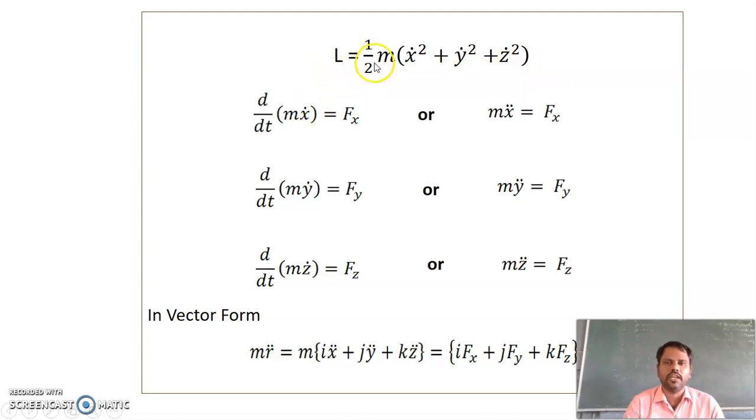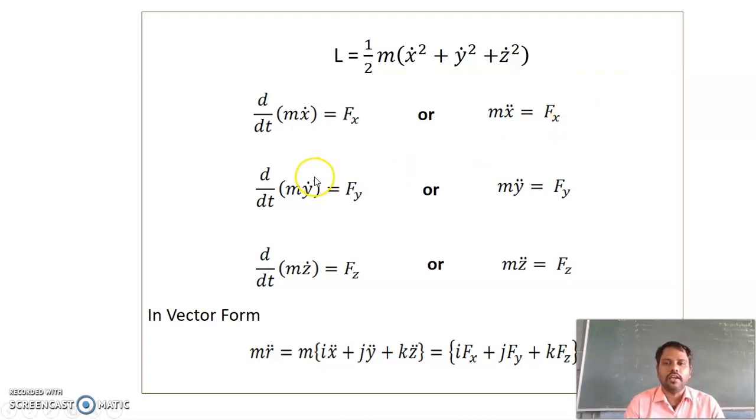On differentiating, I get m x dot, and dou L by dou x is equal to 0. So substituting, d by dt of m x dot is equal to Fx. Differentiating m x dot, we arrive at m x double dot is equal to Fx, which is the force component along the x-axis.